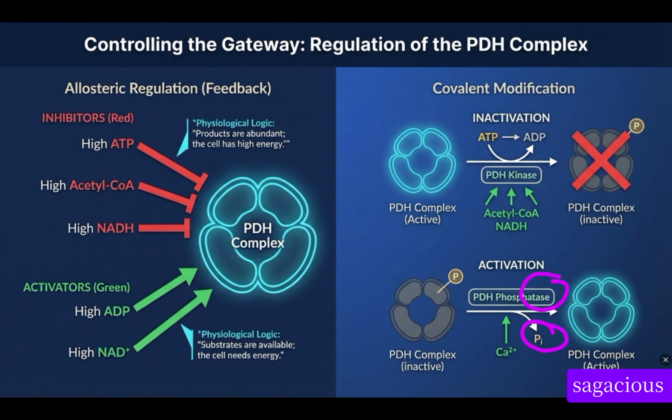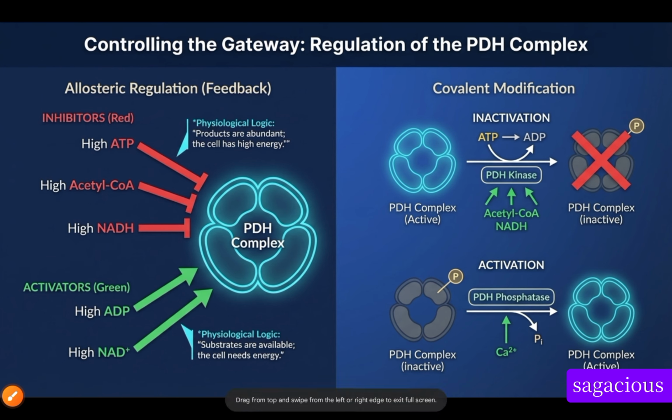So pyruvate dehydrogenase phosphatase helps to activate pyruvate dehydrogenase complex by removing phosphates, and calcium ion also stimulates this process. And when we activate this complex, it will convert pyruvate to what?